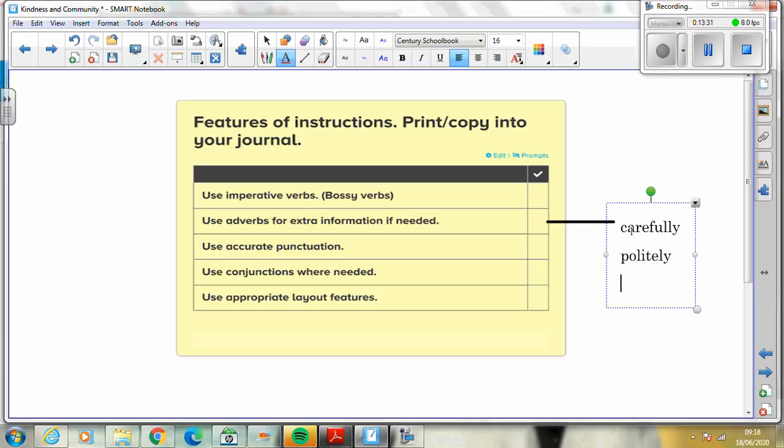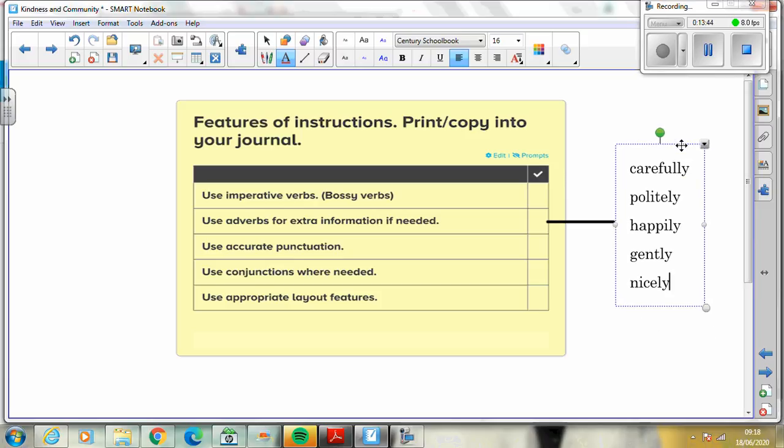They describe how you do something. Happily, gently, nicely. So, politely ask a grown-up if you can phone your friend.